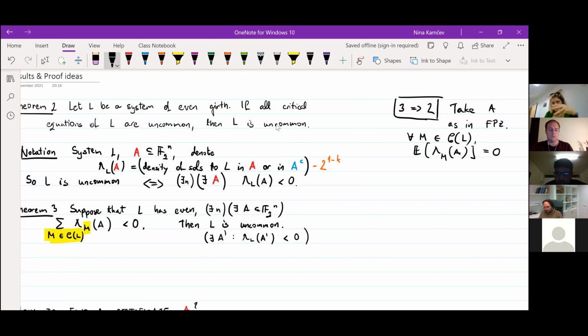And then in sum total, the contribution of the critical equations will be 0.